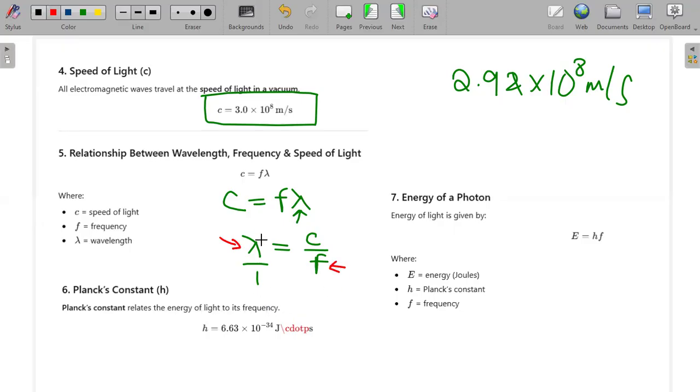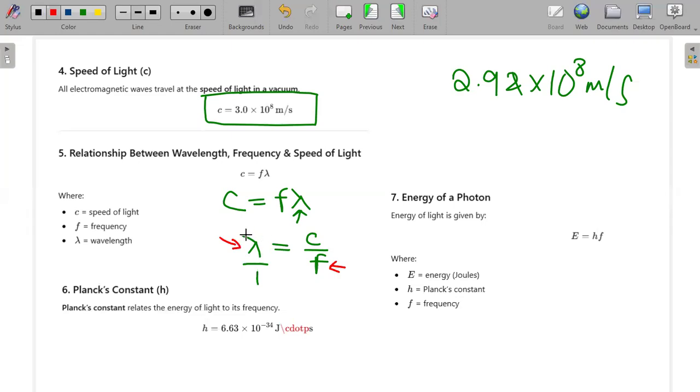So whatever you do to the wavelength, the opposite thing is going to happen to the frequency, because this one is on top, this one is down. So we say that the wavelength and the frequency are inversely proportional, meaning that if the wavelength increases, the frequency decreases.